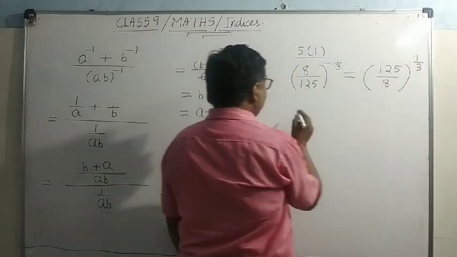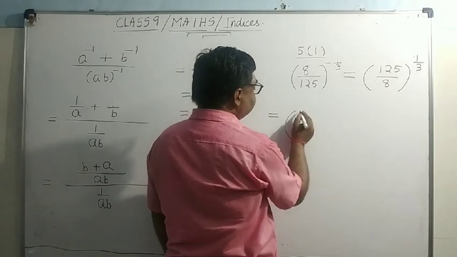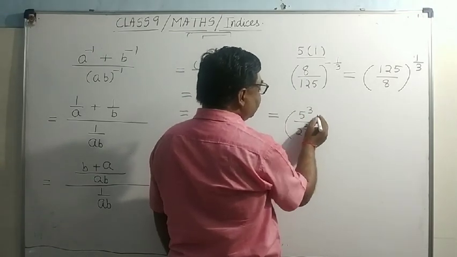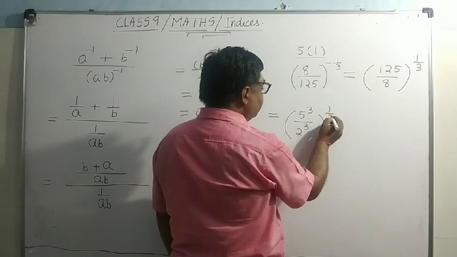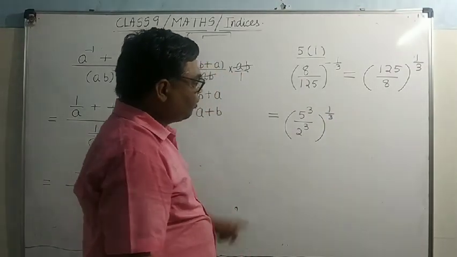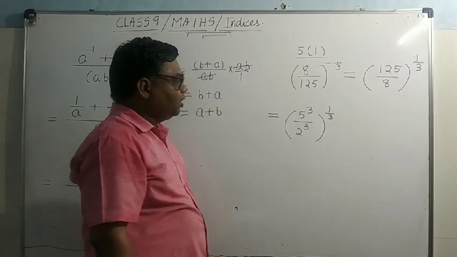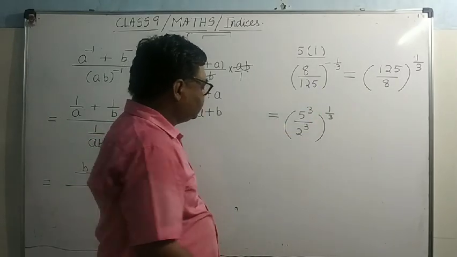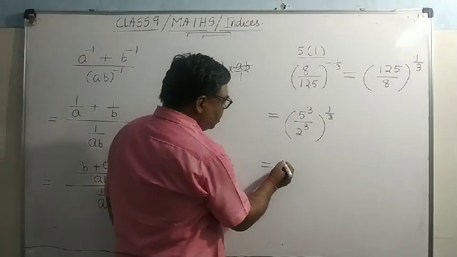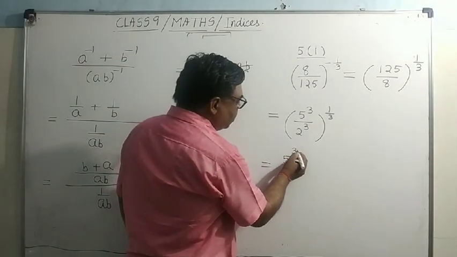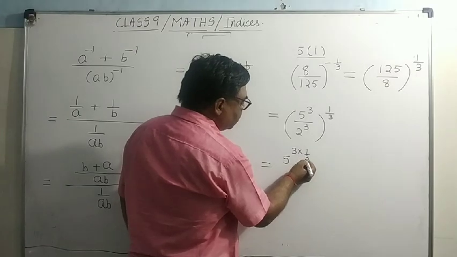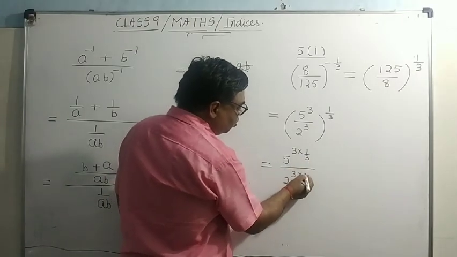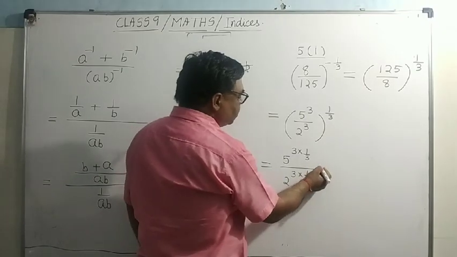Now 8 can be written as 2 to the power 3, and 125 as 5 to the power 3, so (5 to the power 3 upon 2 to the power 3) whole to the power 1 upon 3. So what will happen now? On opening the bracket, the power will be raised over all these numbers. So it is 5 to the power 3 into 1 by 3, divided by 2 to the power 3 into 1 upon 3.